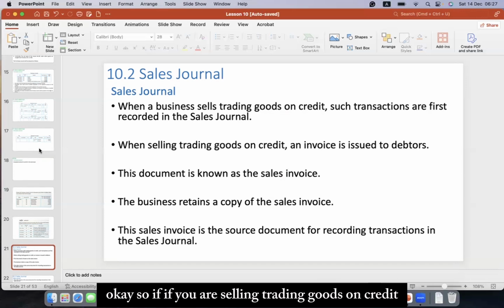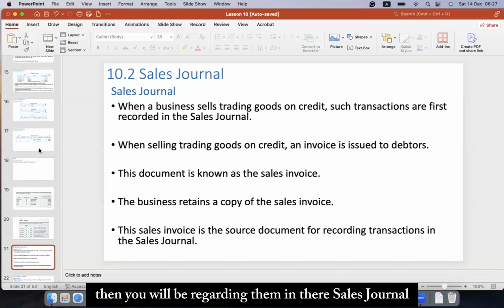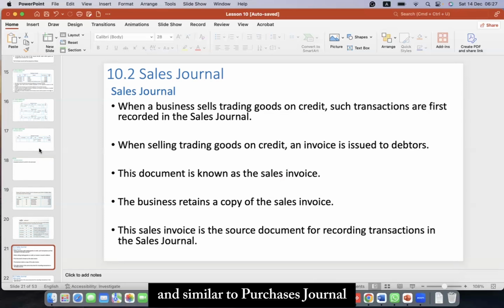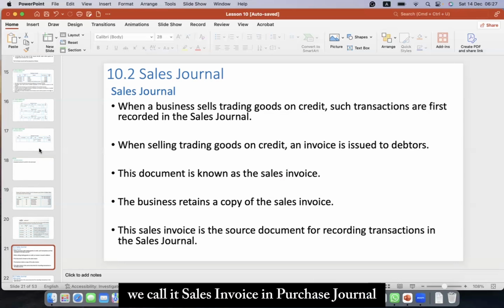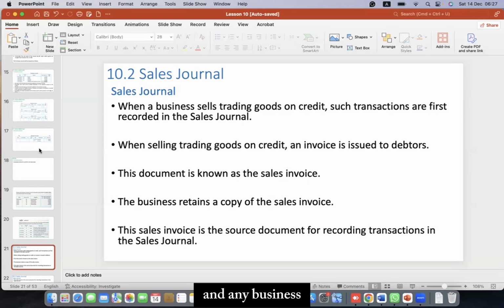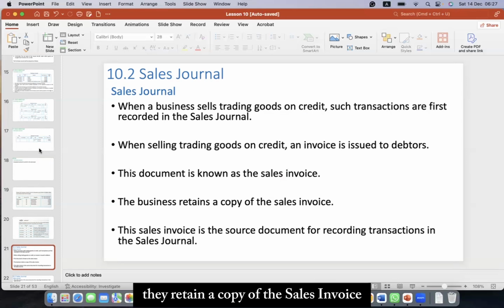If you are selling trading goods on credit, you record them in the sales journal. Similar to the purchases journal, the sales journal has a source document, the sales invoice. In the purchase journal, we call it the purchase invoice. Any business retains a copy of the sales invoice for reference.